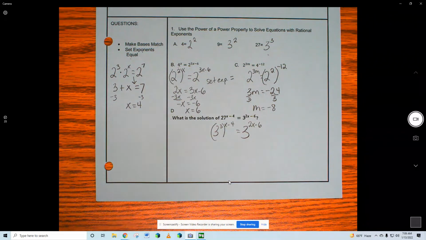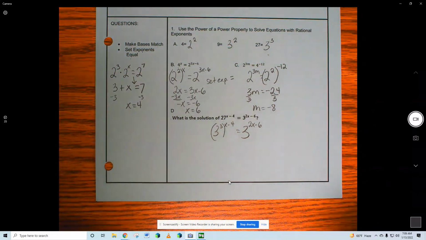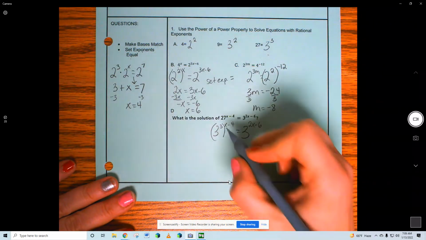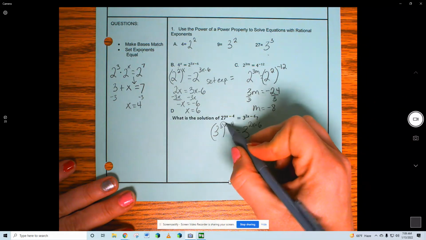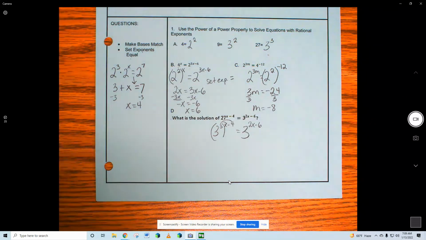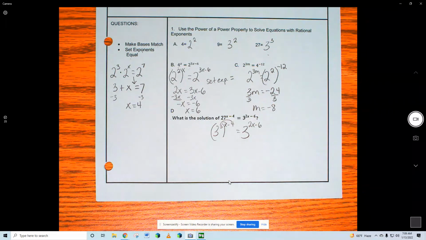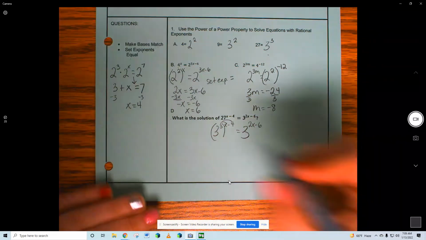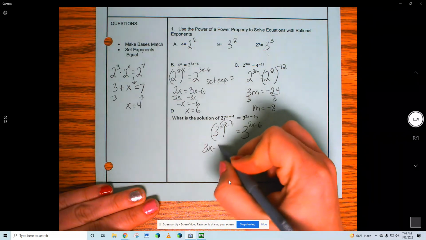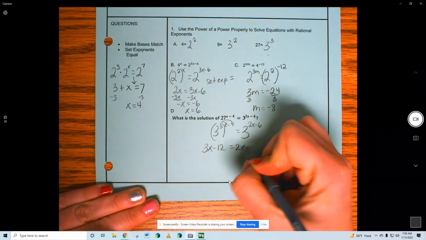And the bases are the same. They're both 3's. Set the exponents equal. This is a 3 times x and a 3 times negative 4. I have to multiply 3 by both of those things. Distributive property. 3x minus 12 equals 2x minus 6.